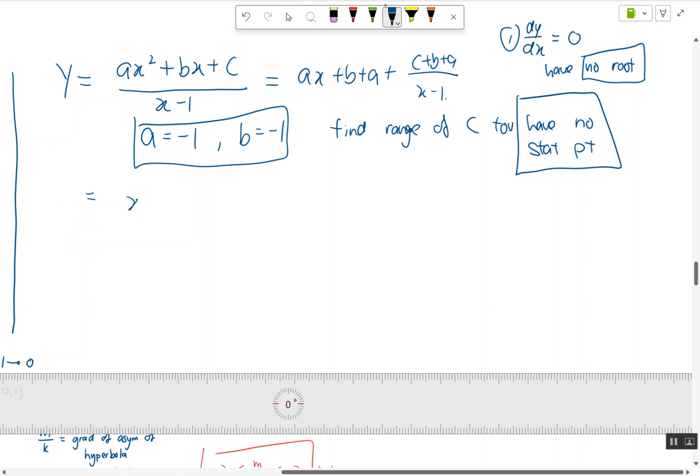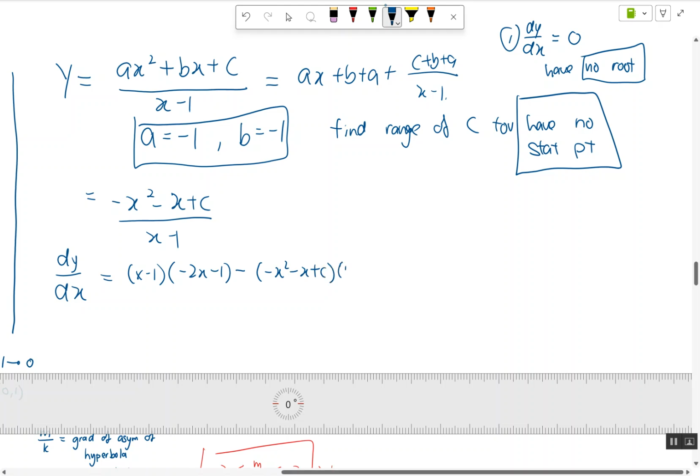So this is y equals negative x squared minus x plus c over x minus 1. dy/dx is x minus 1 times the derivative of the numerator, minus 2x minus 1, minus negative x squared minus x plus c, times 1, over x minus 1.